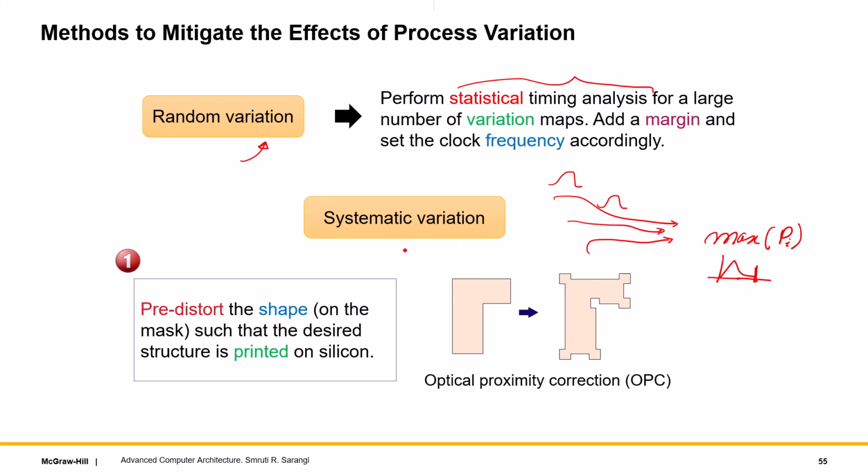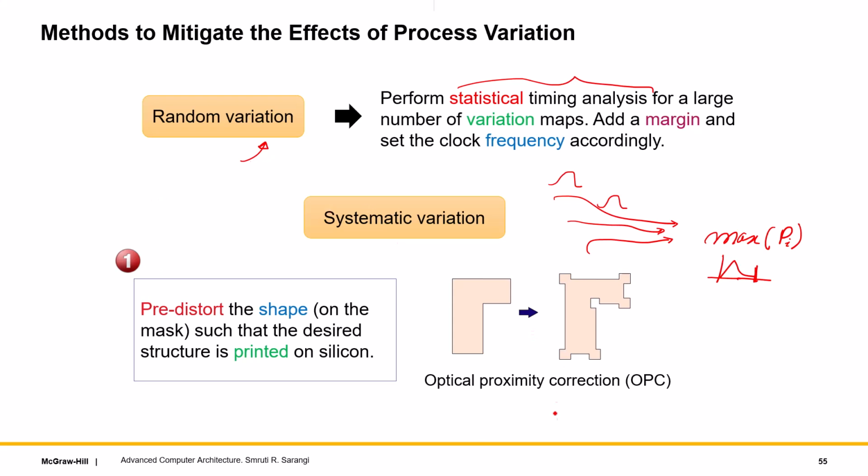But if I don't do anything to cut the source, which is if I don't do anything to reduce the variation, my frequency will go down. I'll be too conservative, and my frequency will have to be set to a quite low value, and I will lose a lot of performance. Hence, I should look at methods to reduce variation as much as possible.